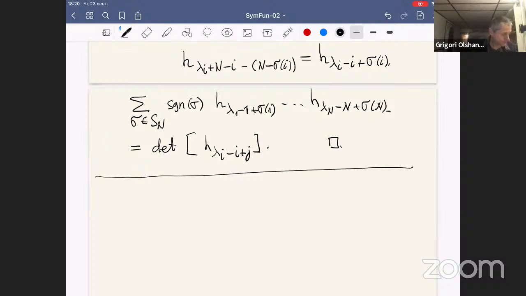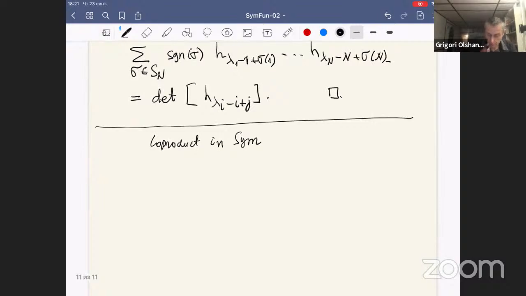Try to begin. The next topic is the coproduct in the algebra of symmetric functions. So what is a coproduct? Assume that we have some algebra. By coproduct we mean some map from our algebra to the product of two copies of this algebra.